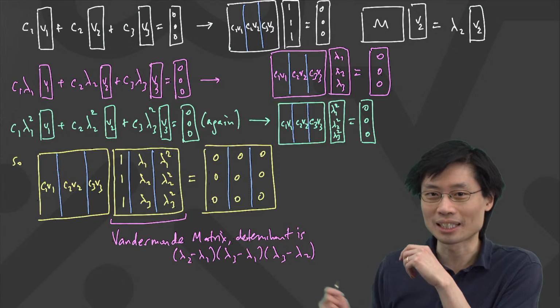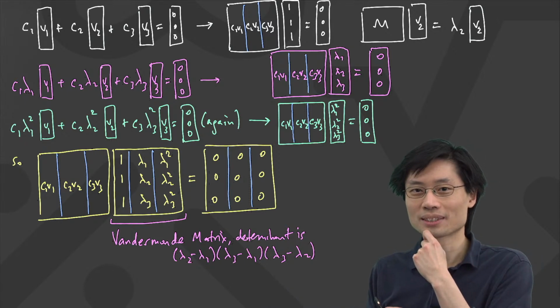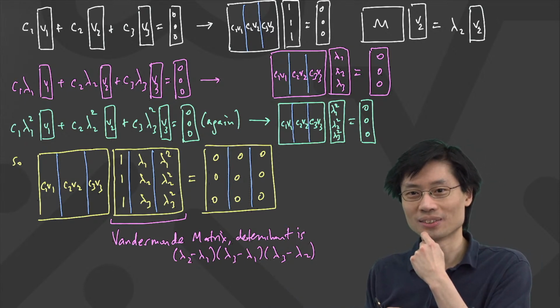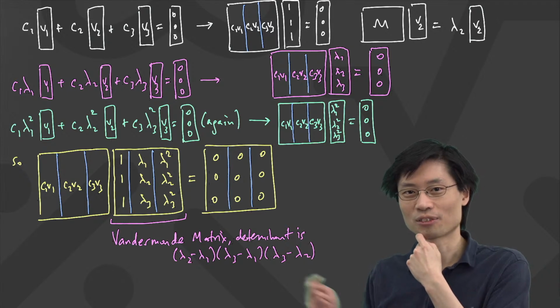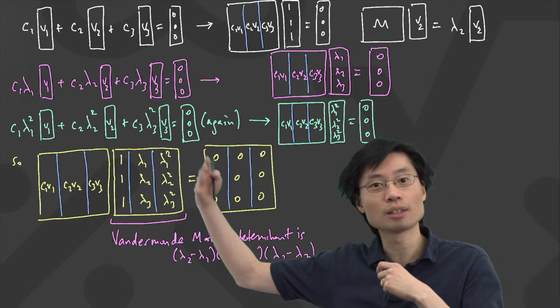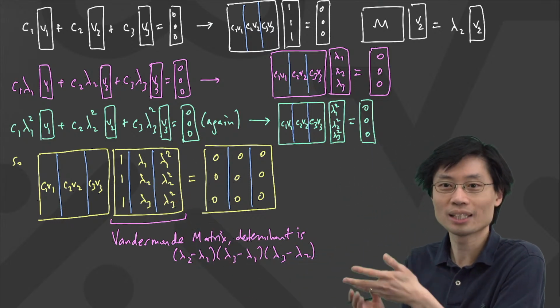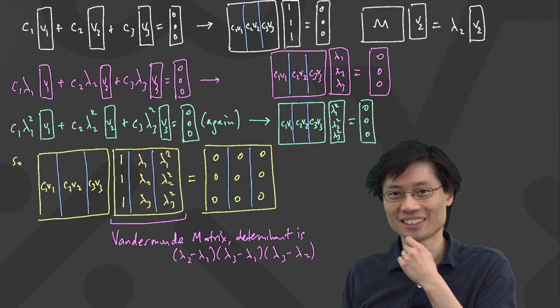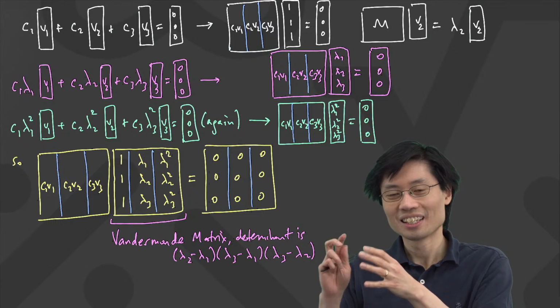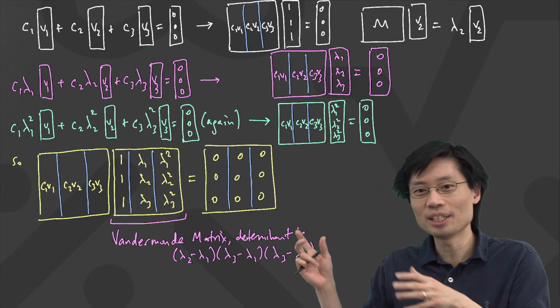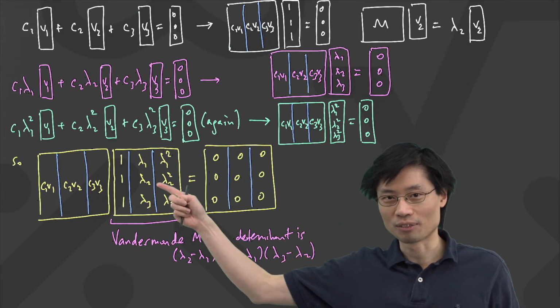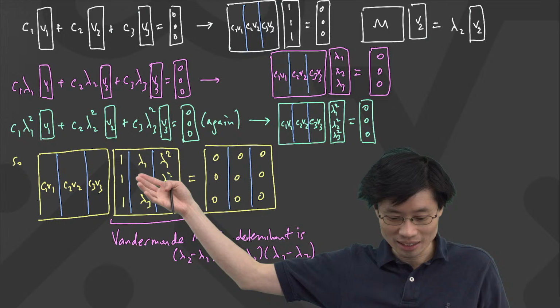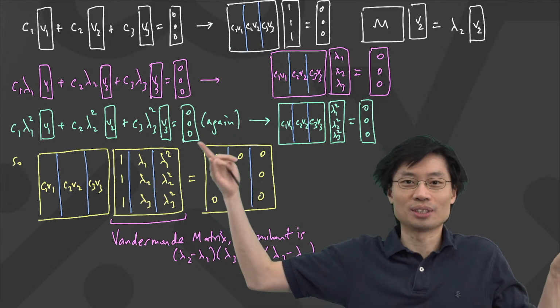And that's extremely satisfying, by the way, because when is the determinant 0 for this matrix with a bunch of lambdas? Advait. When the lambdas are the same, or two of them. Whenever you have two equal lambdas, then you've got two equal rows, so the determinant is 0.